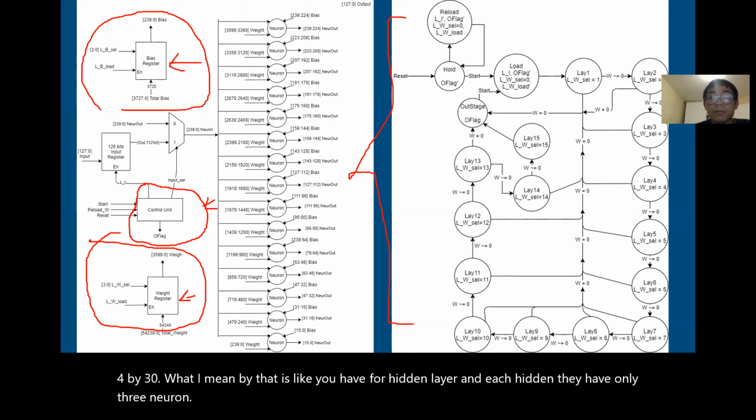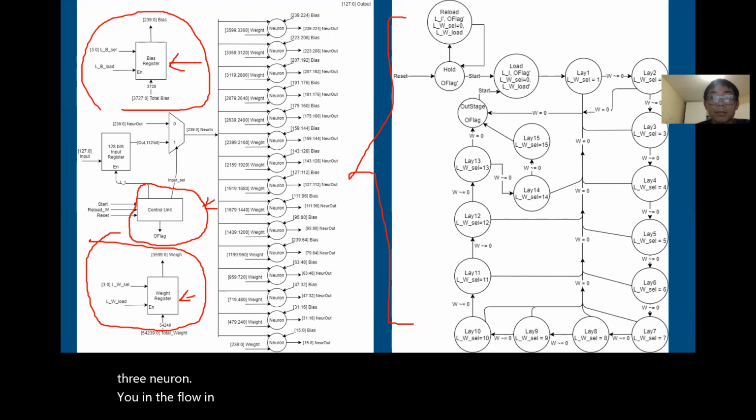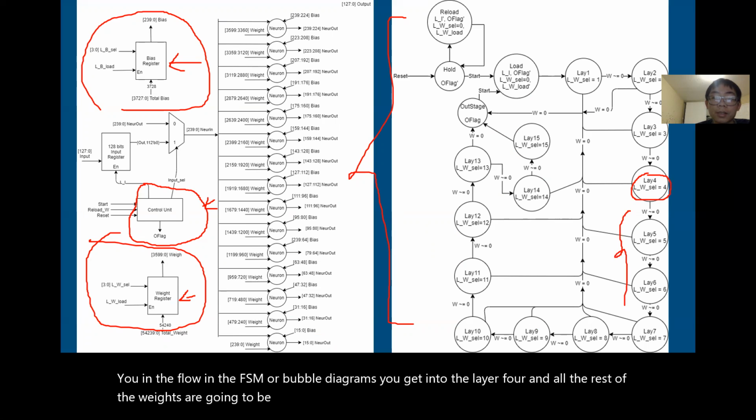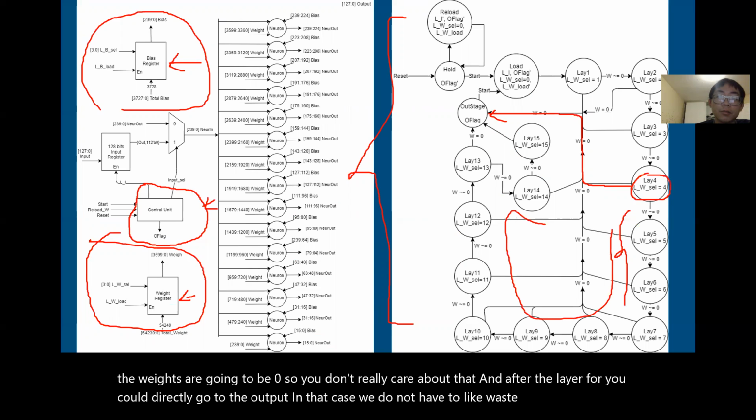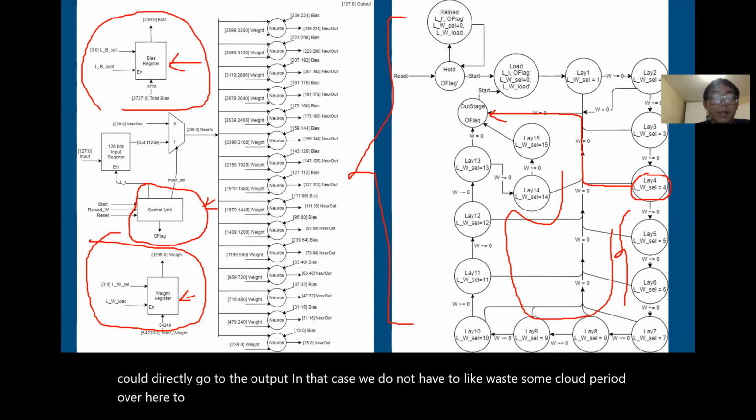In the flow in the FSM or bubble diagram, you get into layer 4, and all the rest of the weights are going to be 0, so you don't really care about that. After layer 4, you could directly go to the output. In that case, we do not have to waste clock periods going over all 15 layers, and we can directly output it. It increases speed and decreases power.